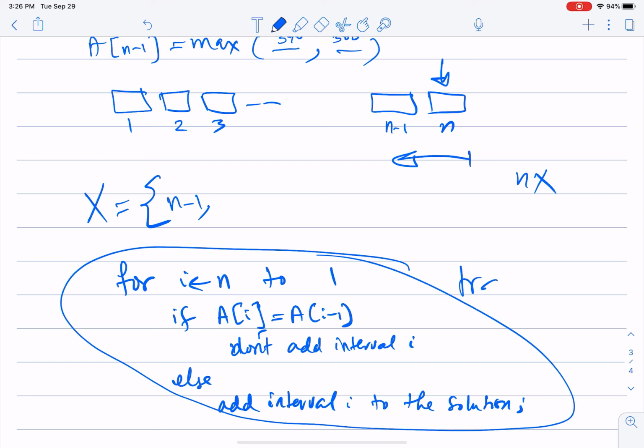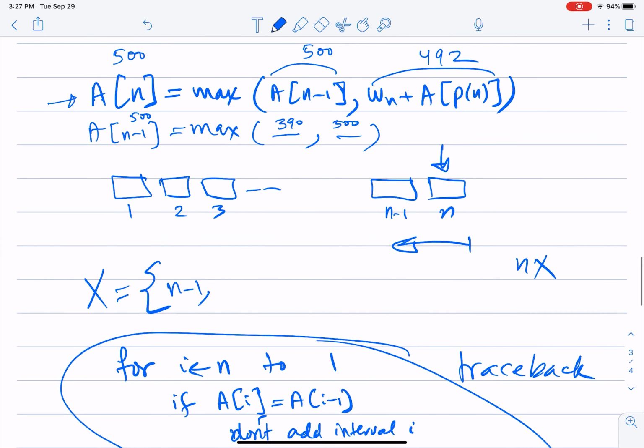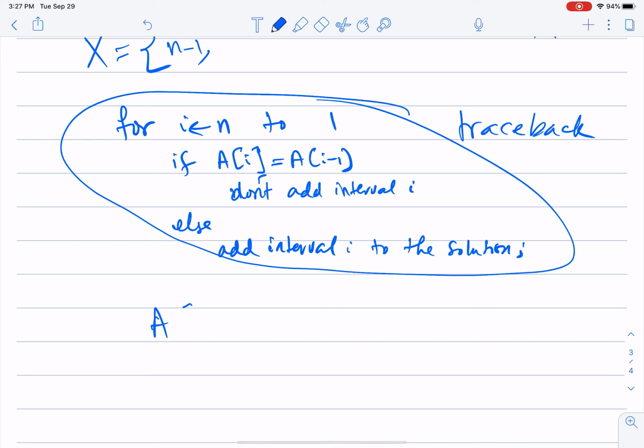It's called traceback because I am now tracing the array back from n all the way to 1, and I'm asking at every point, when I'm looking at entry i, did the value at entry i in A come from i minus 1? If it came from there, it means interval i is not part of the solution, otherwise i is part of the solution. The very last point here, you might ask, what if A of i equals 500 and this 500 was the max and both values here were 500?